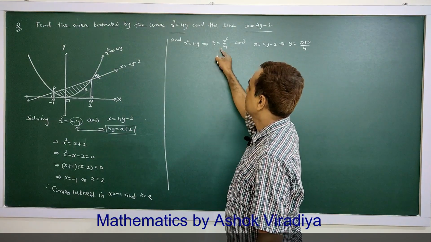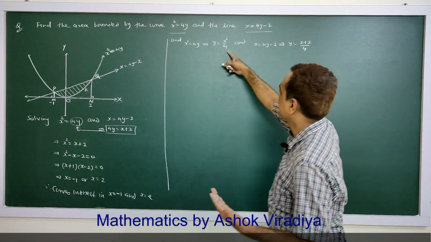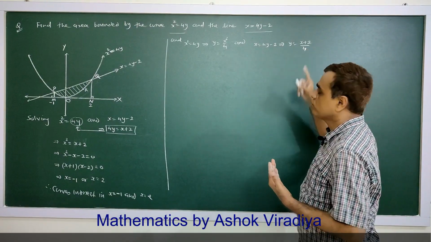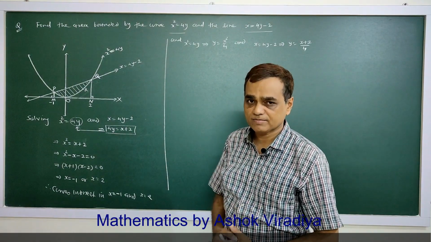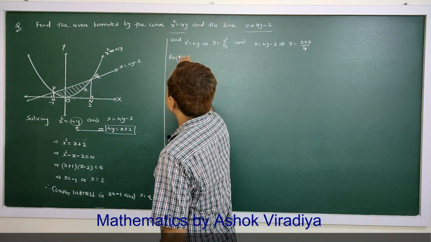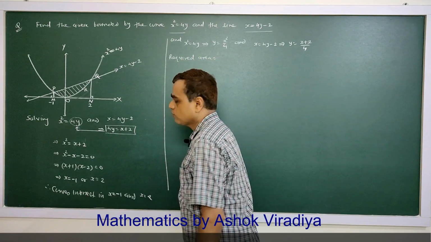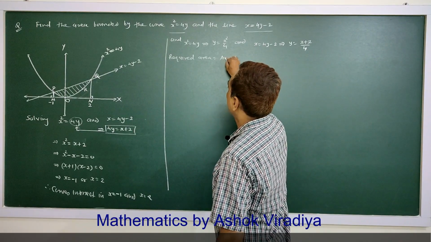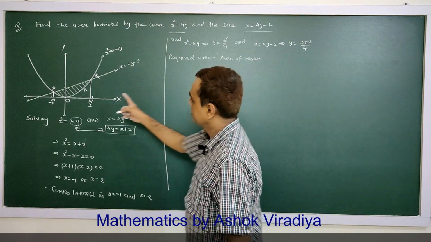This is the first curve, this is the second curve. y equal to f1(x), y equal to f2(x), these values to substitute in the formula. Now the required area is equal to area of region PQROP.